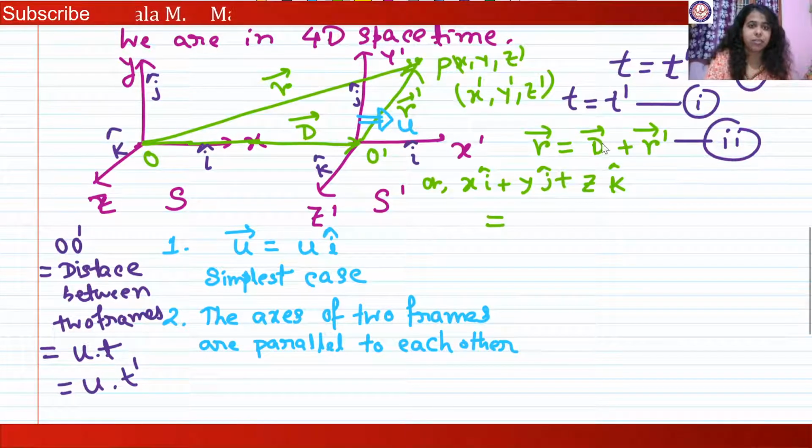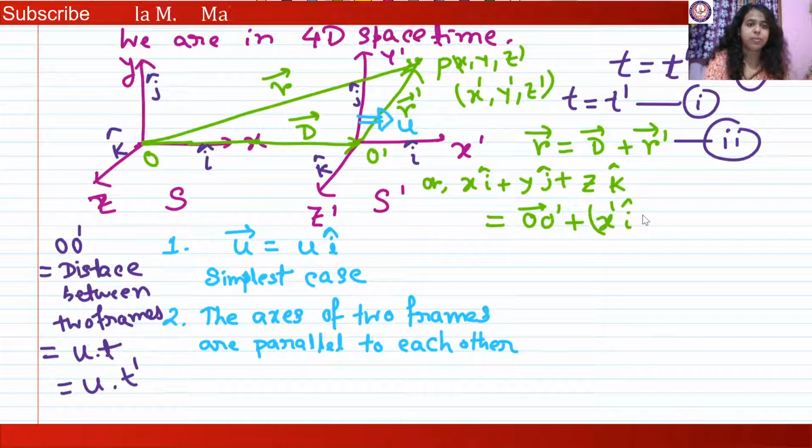Now further I can write down d is equal to OO prime plus r prime, where r prime is x prime i cap plus y prime j cap plus z prime k cap.